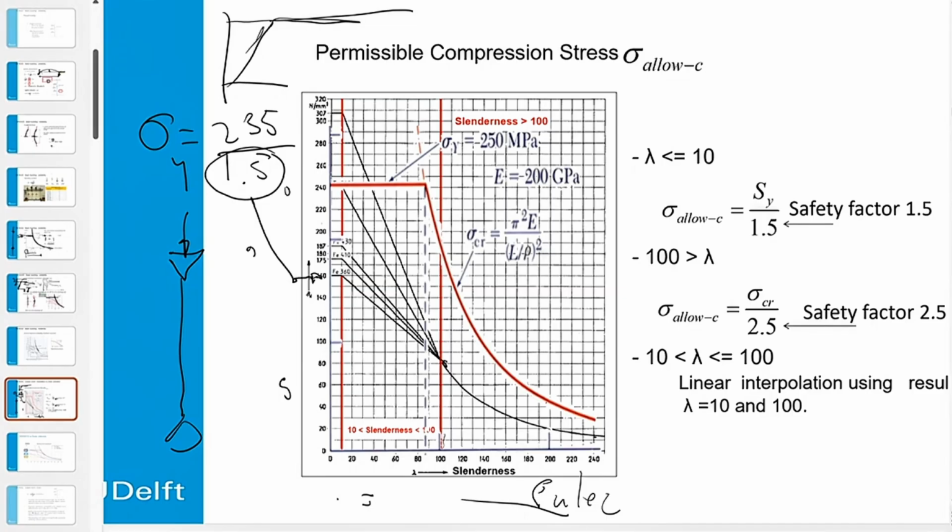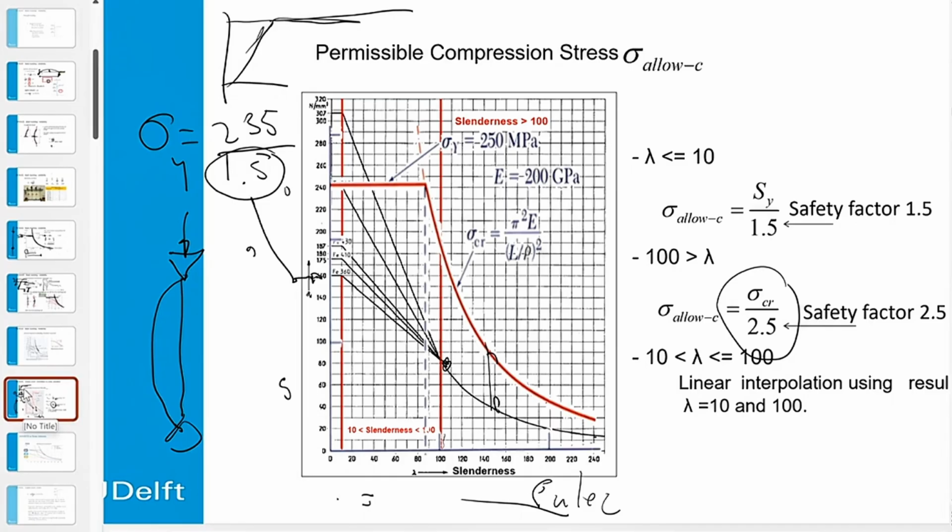You even get a decrease, because with increasing load, you reach the yield limit and then it completely collapses. So to take into account that effect, you use here at the Euler buckling limit a higher safety factor of 2.5.